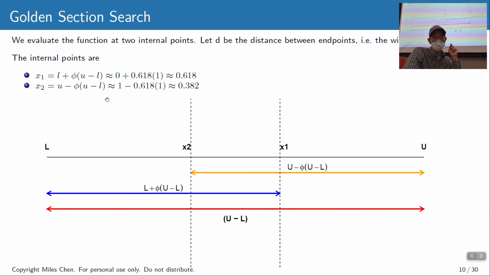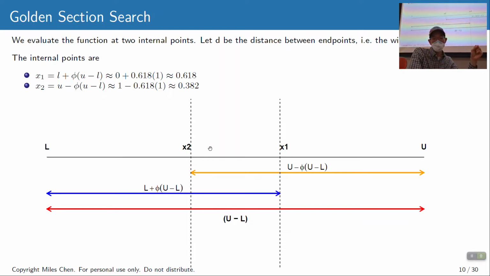But the idea here is, if we say the golden ratio is around 0.618, this point x1 is going to be 0.618 of the way across from the lower bound to the upper bound. And then this point x2 is going to be 0.618 from the upper bound down to the lower bound. So for x1, I'm going to take the golden ratio, something around 0.618, multiply it by the difference between the upper minus the lower, and add that to the lower bound.